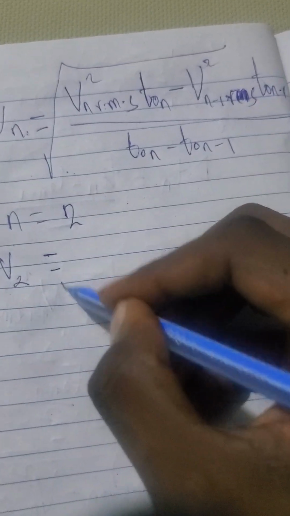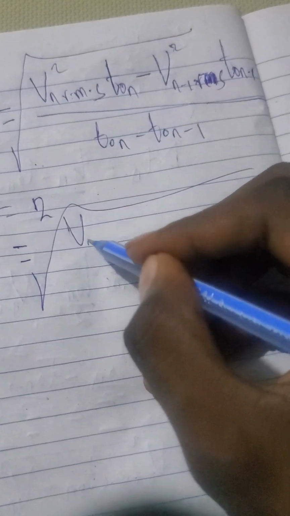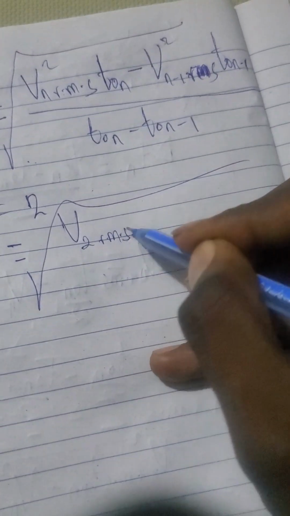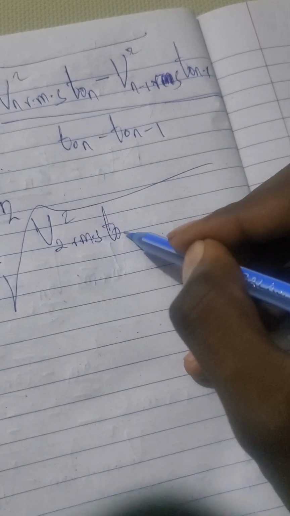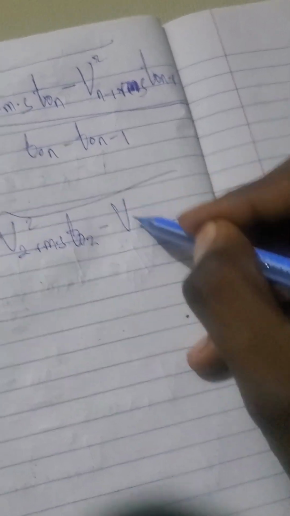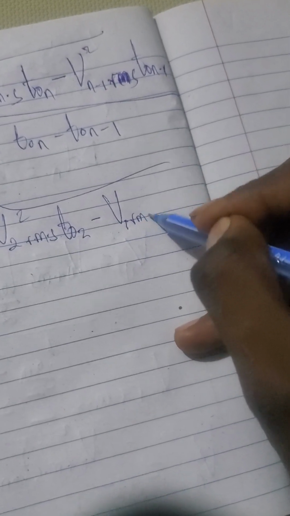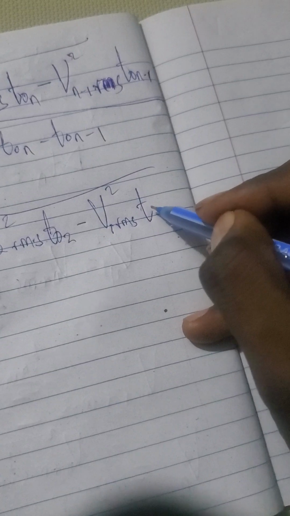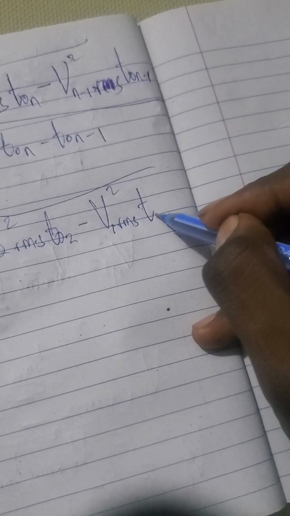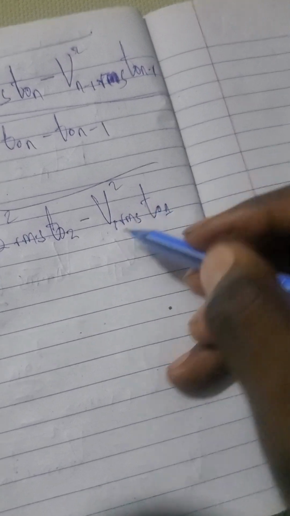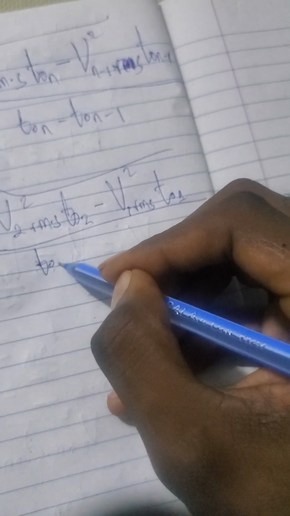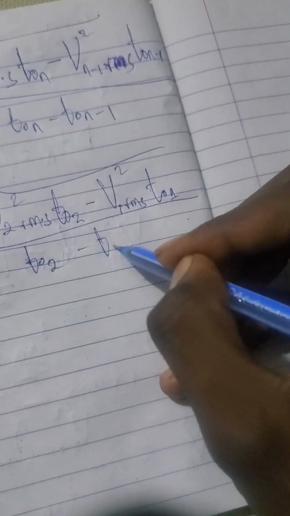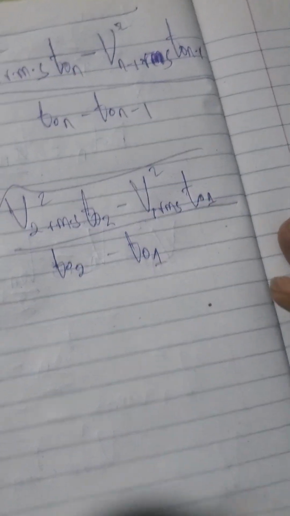This will be given as the square root of the root mean squared velocity of the second layer squared times the two-way vertical travel time for that second layer, minus the root mean squared velocity of the first layer squared times the two-way vertical travel time for the first layer. Then you divide by the two-way vertical travel time for the second layer minus the two-way vertical travel time of the first layer. So you can obtain the velocity of the second layer.